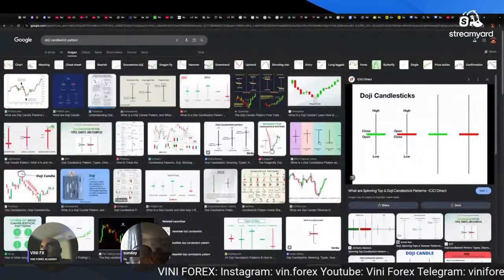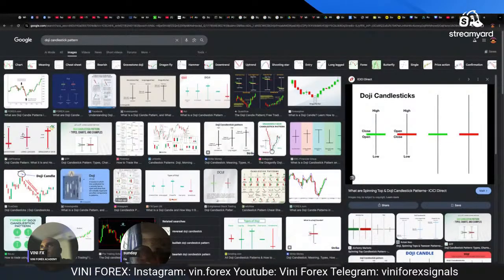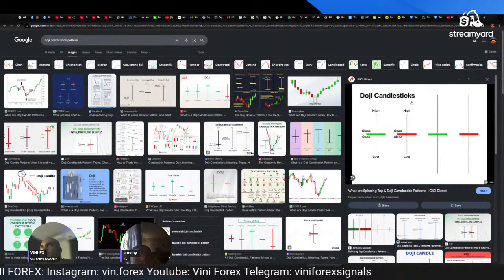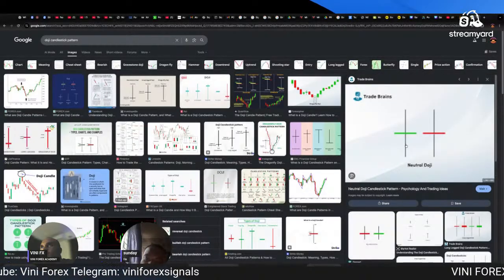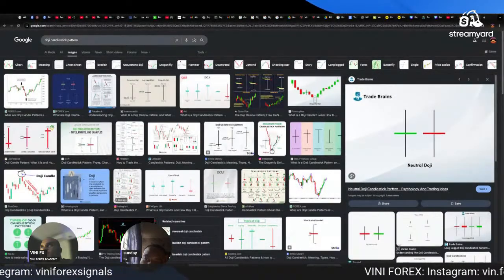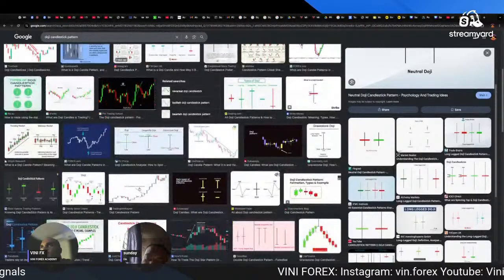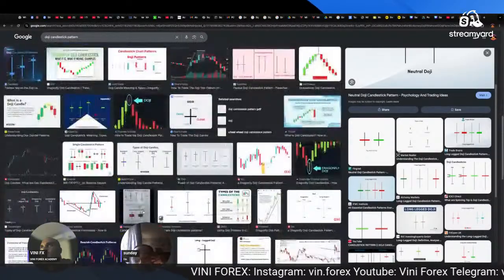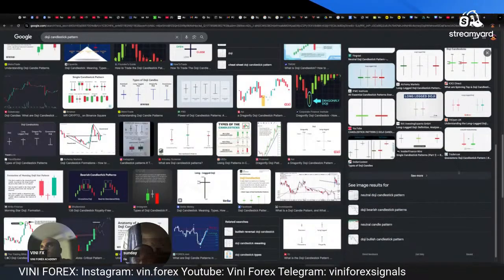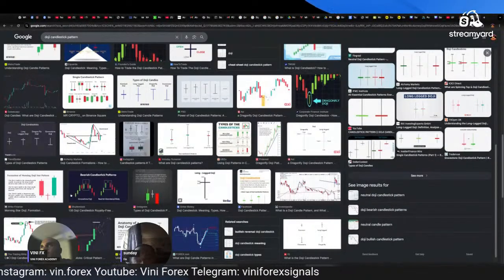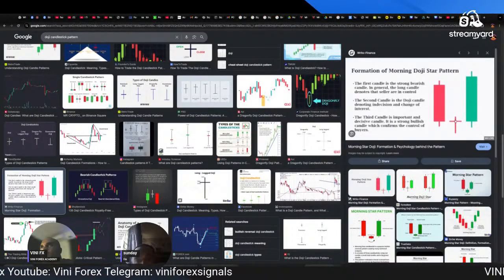Do you see it? Doji candlestick. Doji, D-O-J-I. You can see that, right? Yes, sir. These are called doji candles. You see them, right? Perfect. These are all called doji candles.